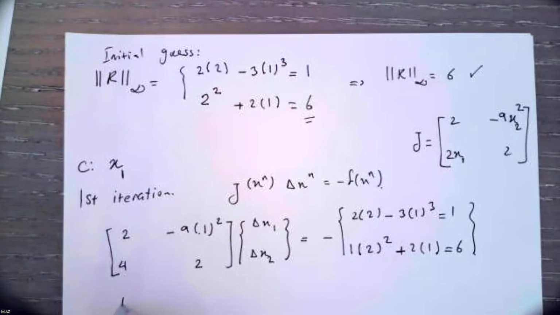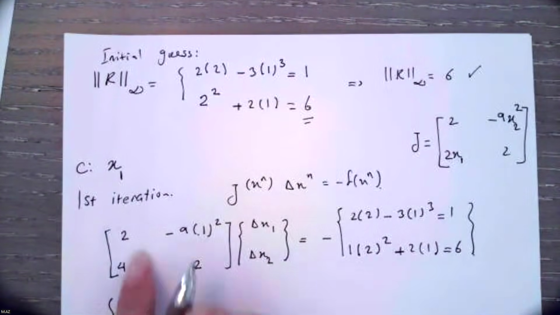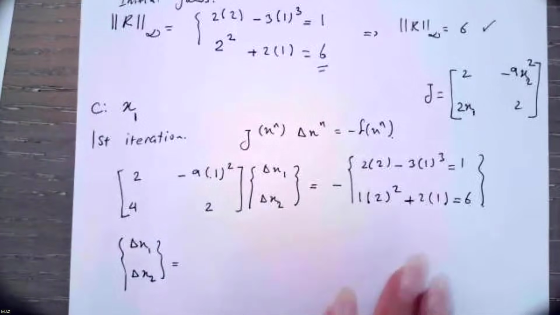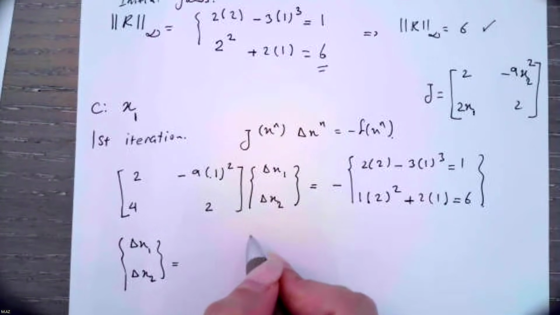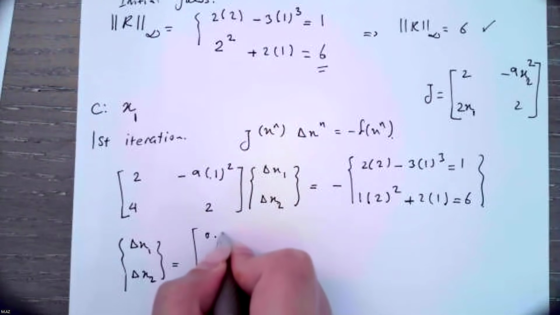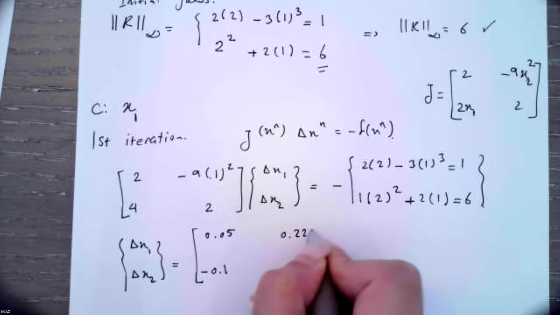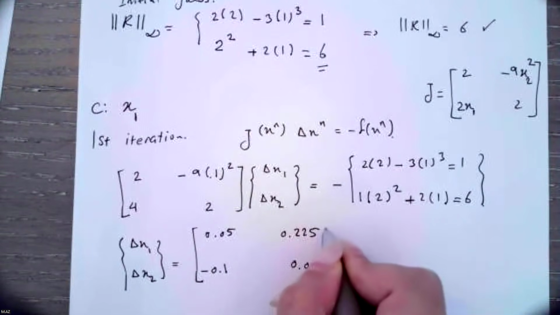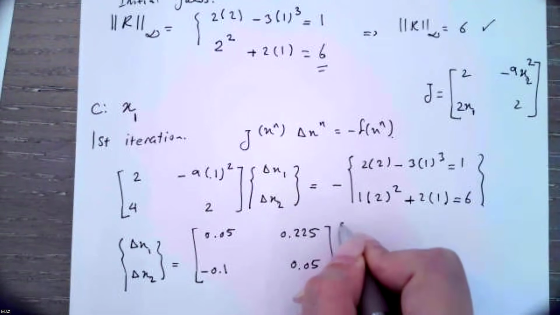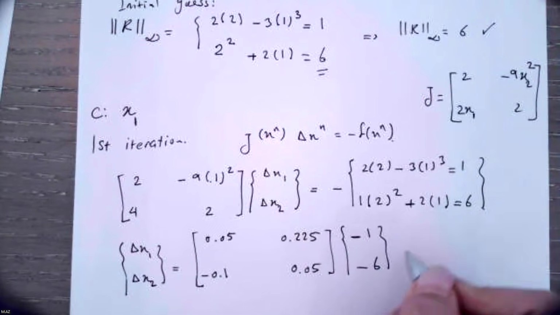Now we have delta x1, delta x2. If we multiply the whole of this equation by the inverse of the Jacobian matrix, and this is the inverse of the Jacobian matrix, and -1, -6.